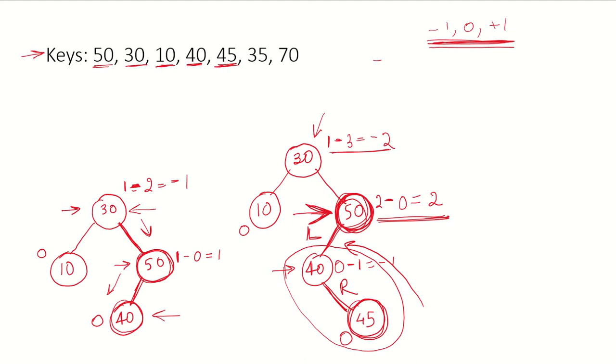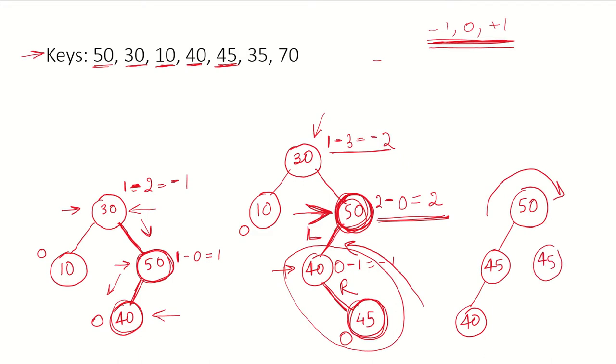After the first rotation, it will become this. And then we will do a right rotation. So 45 will go up, 40 will come here and 50 will be brought down. So this is how these three nodes will be handled in an LR rotation.